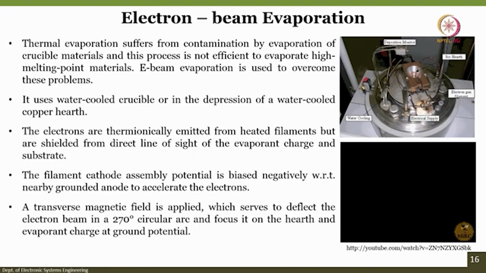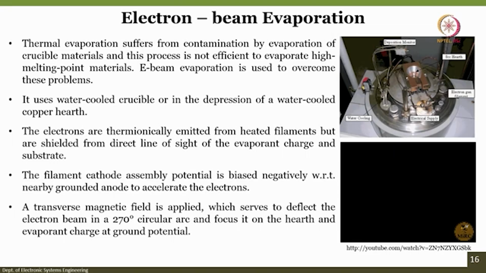In the water cooled crucibles, or in the depression of a water cooled copper hearth, the source holder, the crucible, is placed, and in the crucible there is a source. The electrons are thermionically emitted from the heater filaments, but are shielded from direct line of sight of the evaporant charge and the substrate. The filament cathode assembly potential is biased negatively, of course, with respect to the nearby grounded anode, and this will accelerate the electrons.